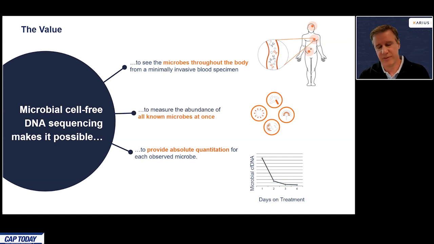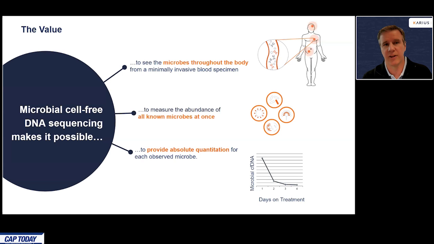And so the approach that we've taken is to focus on removing the human DNA from the plasma and sequence everything that's left, such that we can see anything with a high enough quality reference genome. And we can rapidly adapt the database as emerging pathogens appear.